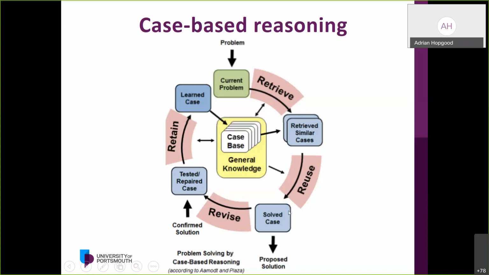If that works, that's then retained in the knowledge base, the case base, for future use. So that's just a sort of small point to say that although we think of machine learning very much in the context of data patterns and learning patterns in data, there is this other side of it, this very explicit side of knowledge-based forms of machine learning, case-based reasoning being a case in point.